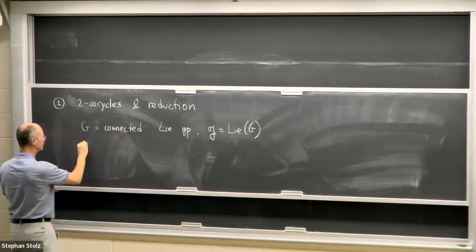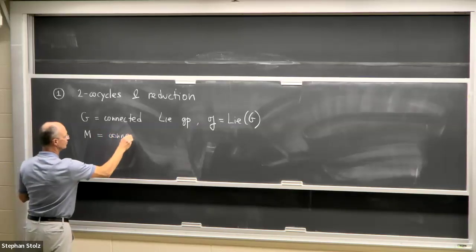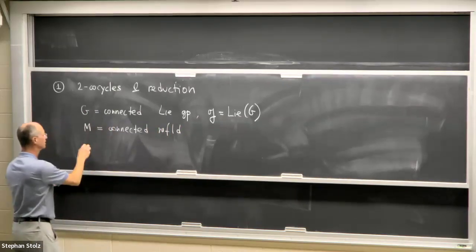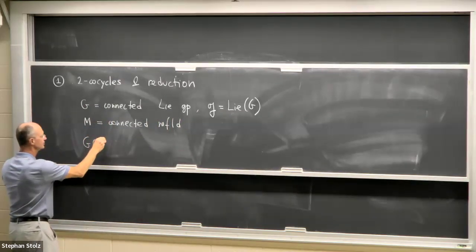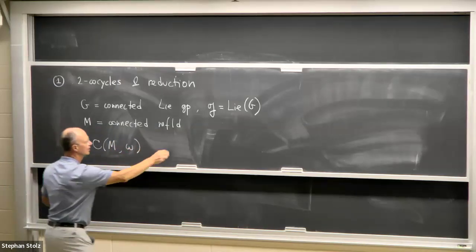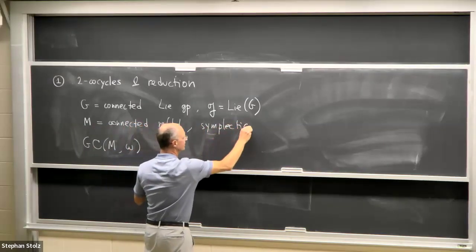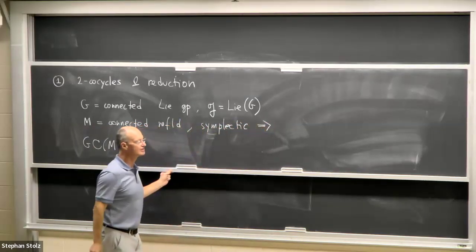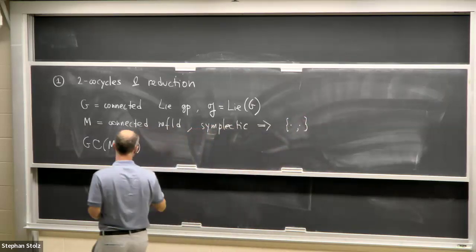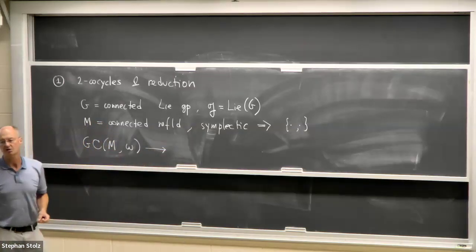And let me take M, also a connected manifold, and let's say M carries a G action, and let's say M is symplectic, so it has a symplectic form, and since it is symplectic, it also has a Poisson bracket on functions. And let's assume that the G action on M is Hamiltonian.